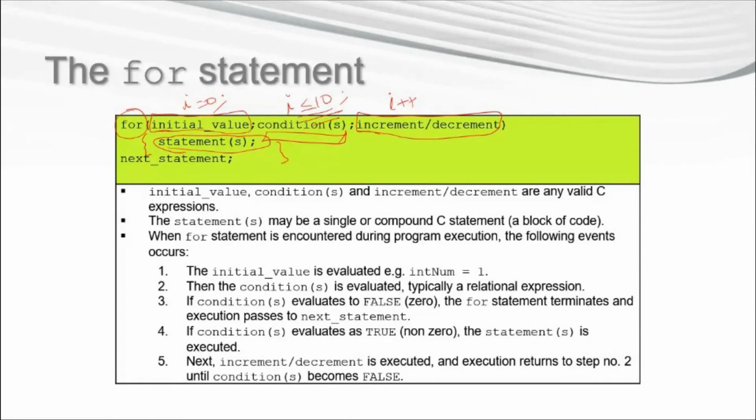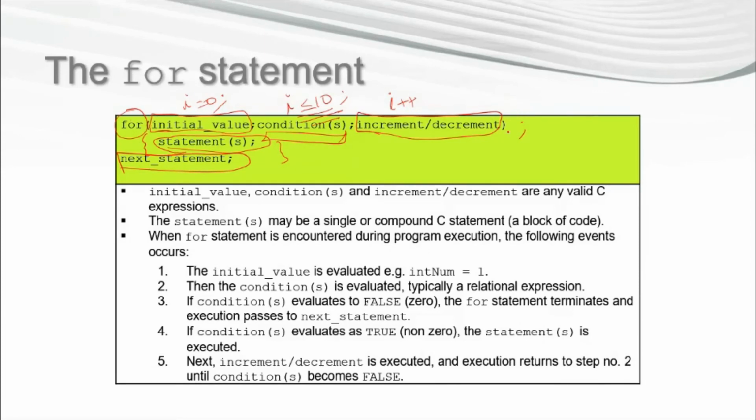Otherwise, only the first statement will be executed the given number of times. The other statements will be executed only after the for condition is terminated. One common mistake that students make is putting a semicolon at the end of the for statement.